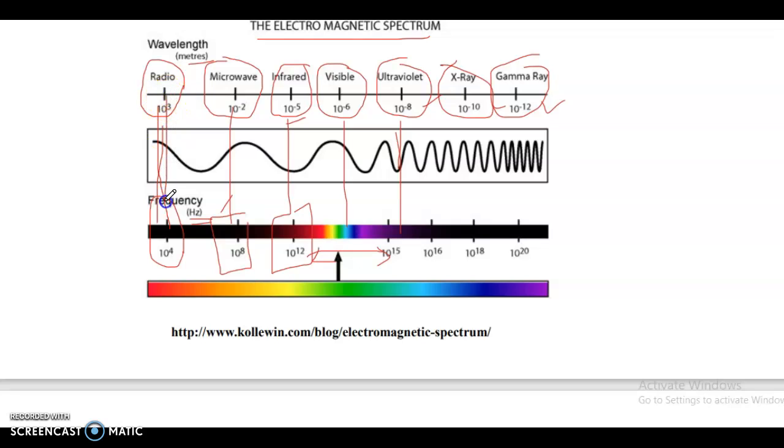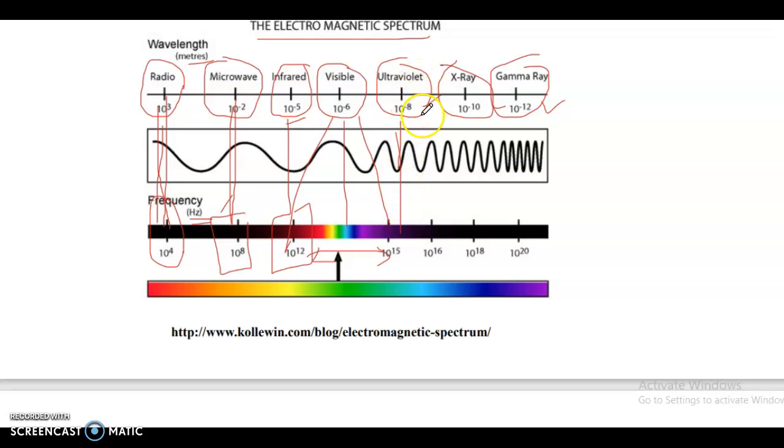Actually here, before 10 power 4 hertz frequency is radio, before 10 power 8 is microwave, before 10 power 12 hertz is infrared. So in between 10 power 12 hertz to 10 power 15 hertz is visible, up to here visible only.